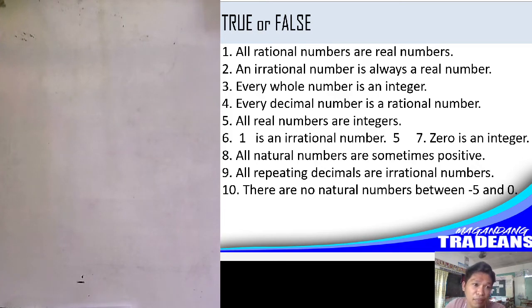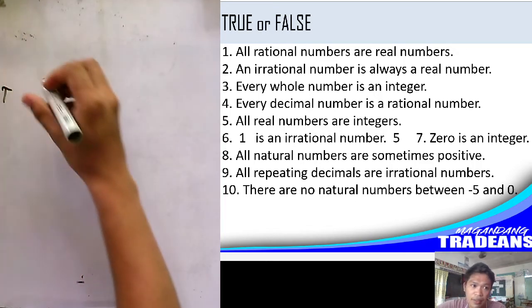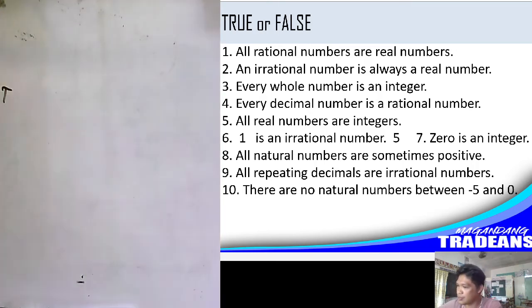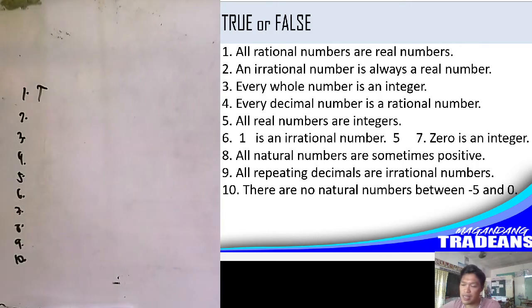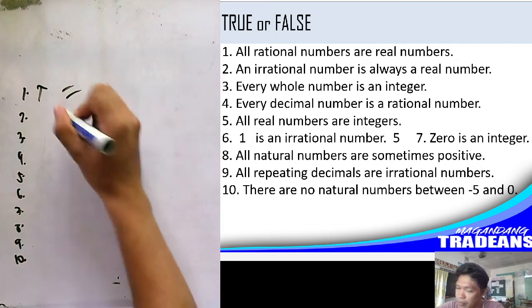Of course, all rational and irrational numbers are called real numbers. Look at our figure. The real numbers have two parts, rational and irrational numbers. Okay, that's true. Number 1 is true. So, correct, 2 points. What if wrong? 1 point.